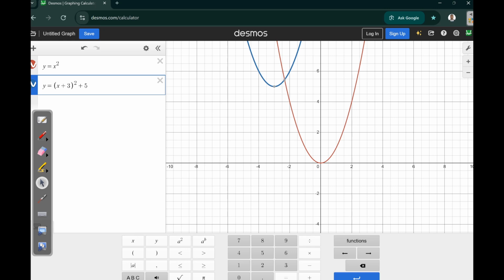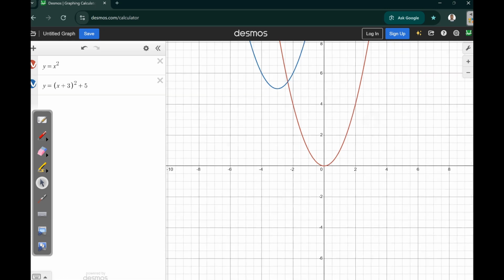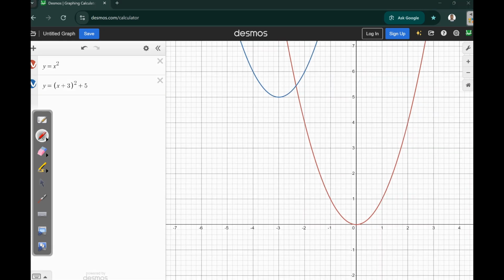So do you see that on this graph here that is produced, the blue one, it has moved 1, 2, 3 to the left. So that is translation in the x direction, that is a 3, -3 in the negative. Then this one is 1, 2, 3, 4, 5. That is the translation vector. So that means when this one is popped from here, it comes out as a negative.